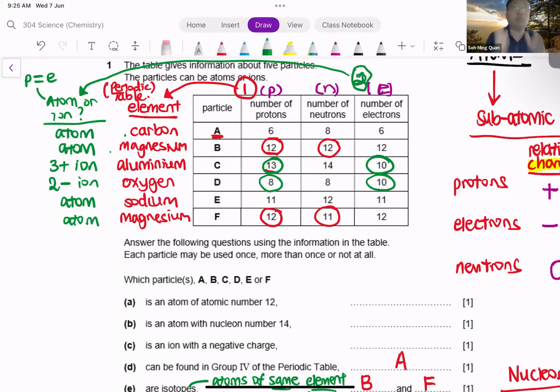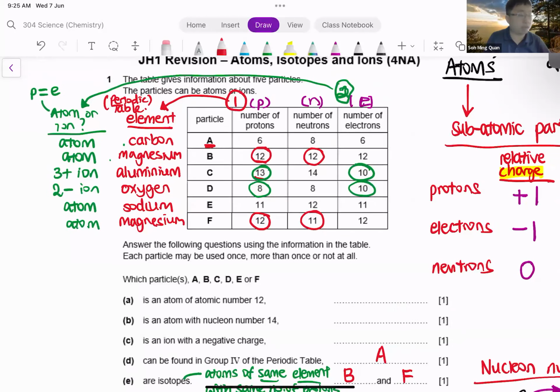Okay, so you need to do these 2 simple steps whenever you see such a question to ensure that you get the correct answer. Find the element's name from the number of protons, then find out if it's an atom or ion based on comparing the number of electrons and the number of protons. Okay, and with that, I think it's very straightforward, right?